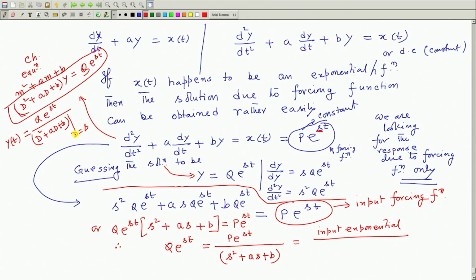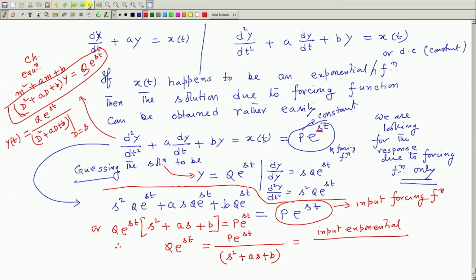So, the solution due to the forcing function, when it can be expressed in the form of an exponential, will be simply that input divided by this characteristic equation evaluated at D equal to s.